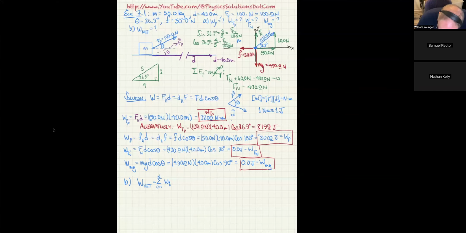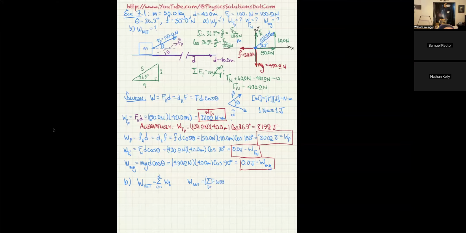But you could also say that W net is equal to the summation of all the forces times the displacement times the cosine of the angle between them. You might say, okay, we're going to take F cosine theta and add up all of those.